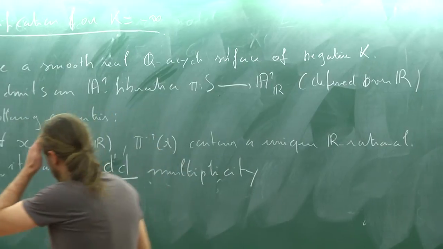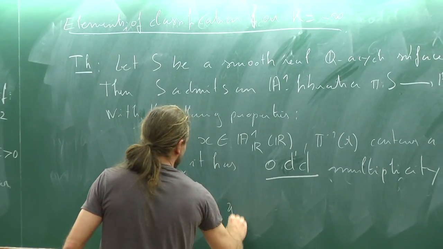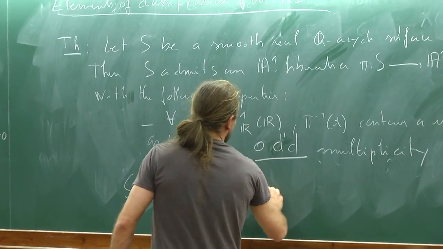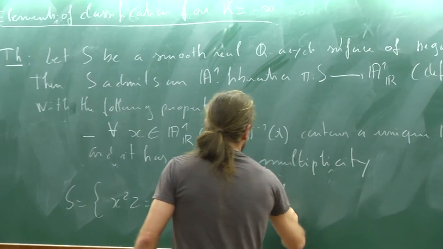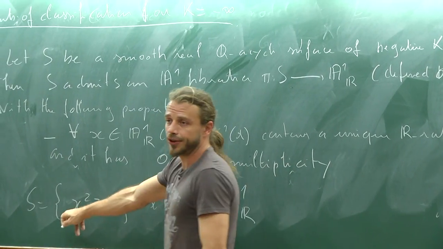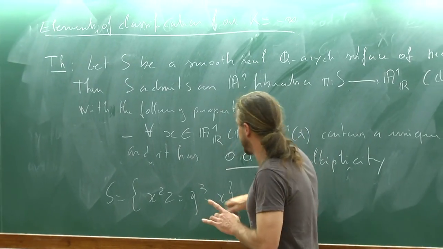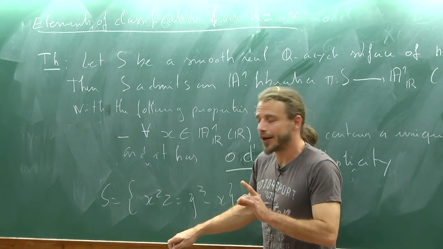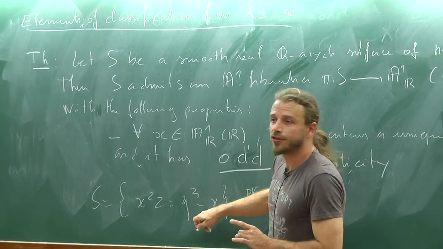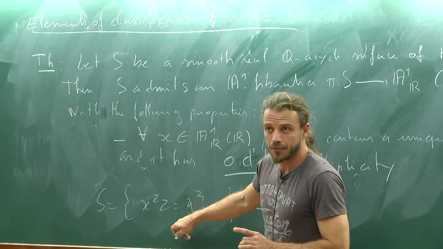So if you remember my first example, this surface, right? So the real A1 fibration is just the projection onto the first coordinate. And there exists exactly one fiber over a real point which is not a real line. The fiber over x equal to 0, which is 3 times a real line, right?